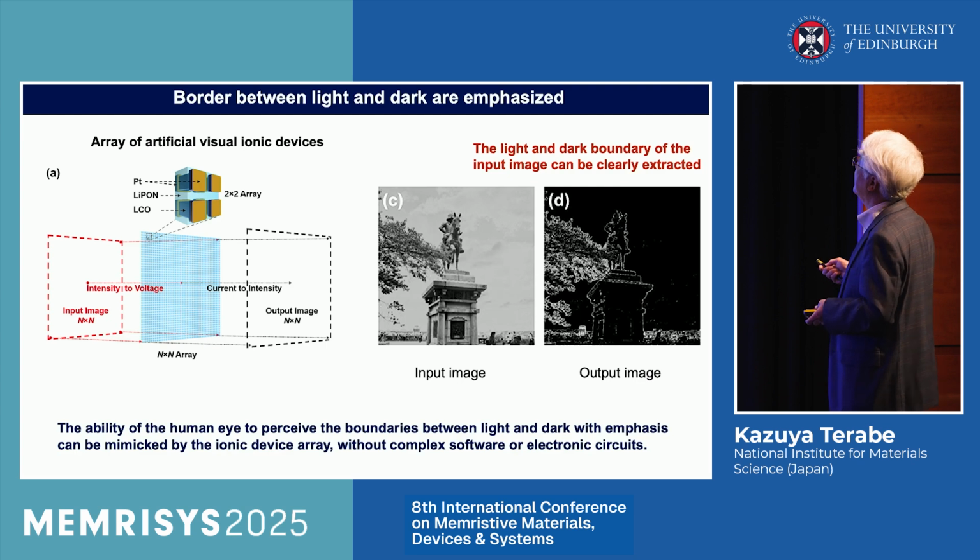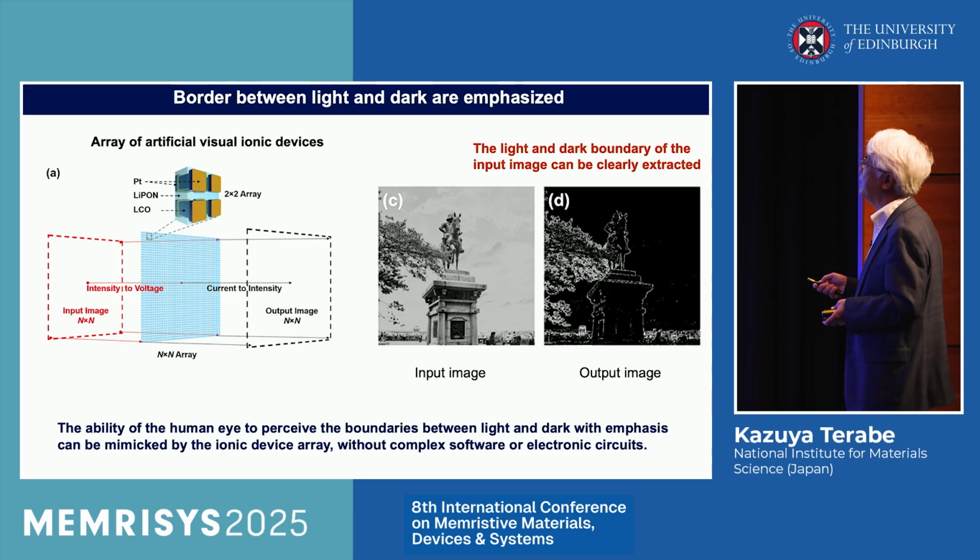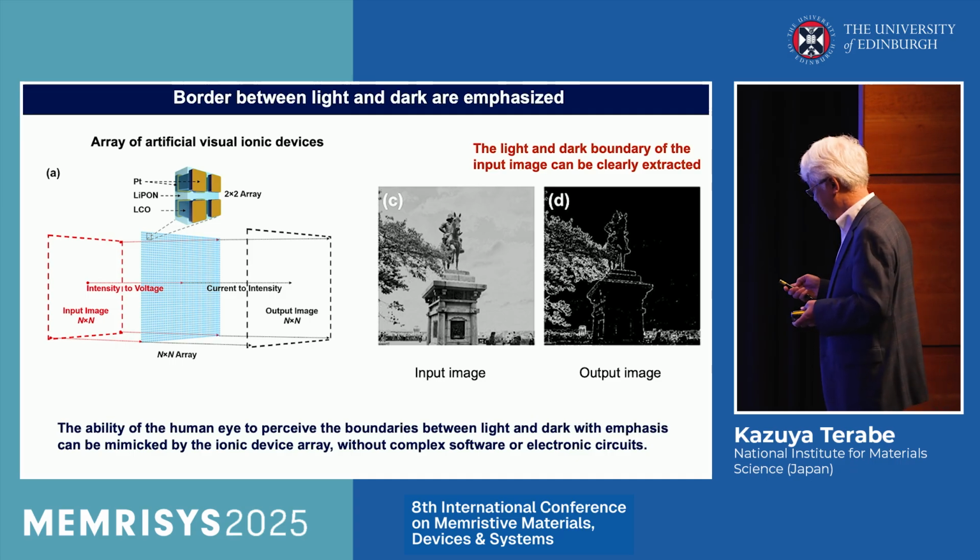You can see the light and dark boundary of the input image can be clearly extracted like this using such artificial visual ionic devices. This ability of a human eye to perceive the boundary between the light and dark with emphasis can be mimicked by an ionic device array without complex software and electronic circuits.